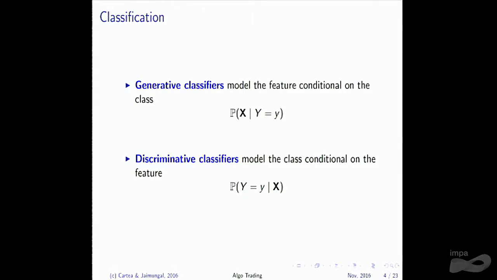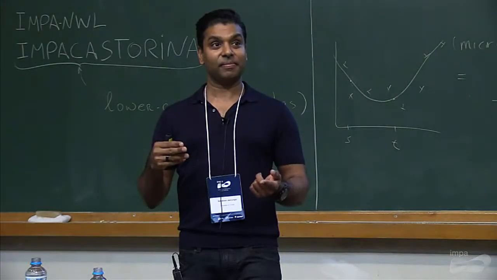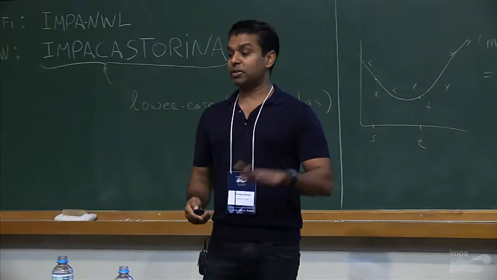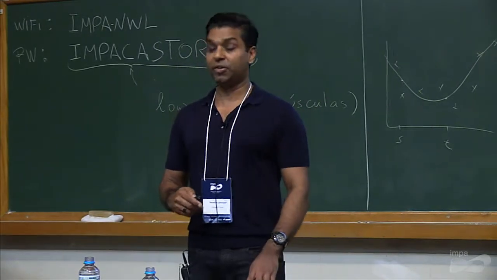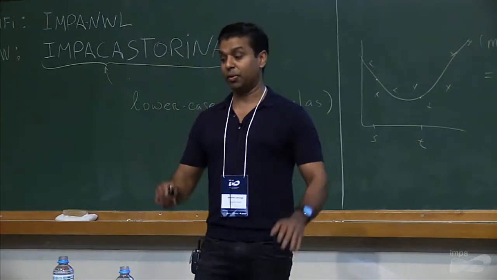That's called the generative model, so you're modeling the probability of x conditional on y. Then you can do the flip side and say, at this point in feature space, what is the probability that a class is observed? It's the exact dual. Certain models focus on the discriminative approach, and certain models focus on the generative approach. So we're going to see both of them.